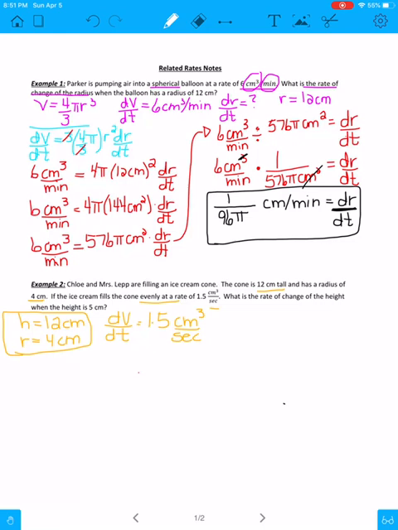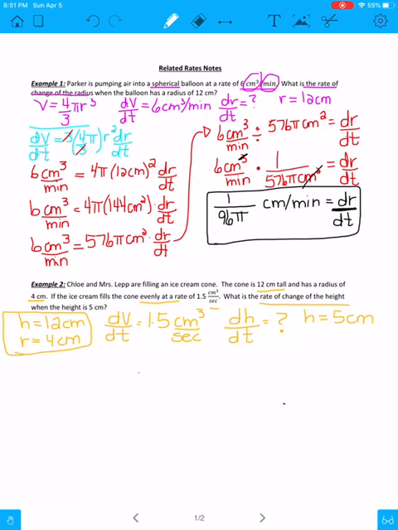So dV over dt. What is the rate of change of the height? They want dh over dt. When it is a height of 5 centimeters. So that's when the ice cream is at a height of 5 centimeters, not the cone. That stays the same. Okay.